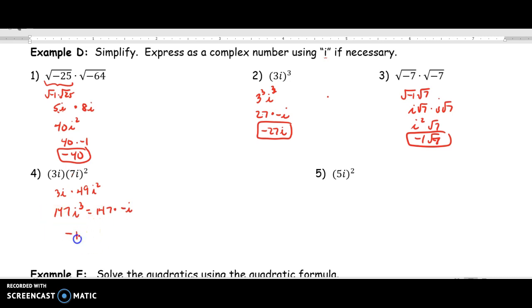And that would give us negative 147i. Number 5, 5i times 5i, if you think about it, would be 5 times 5 is 25i squared, but i squared becomes negative 1, and that would give us negative 25.